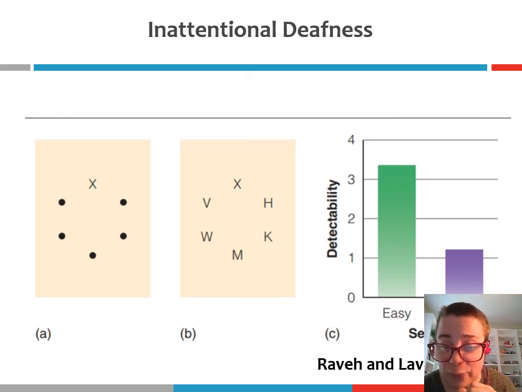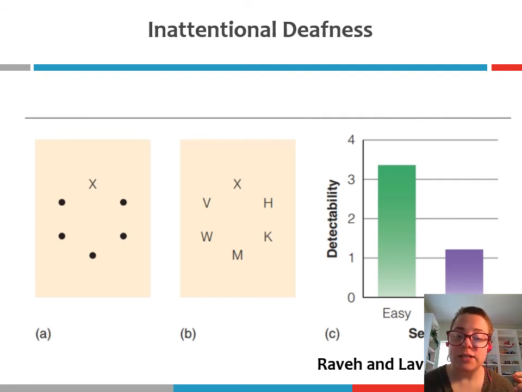And what they found is that people who were completing the more difficult visual search task were much less able to detect that auditory tone than individuals who were completing the easy visual search task.